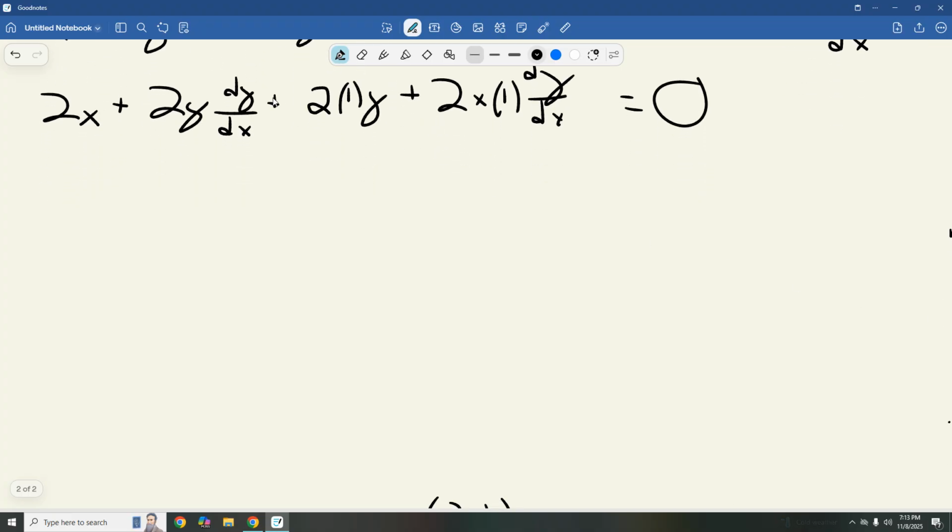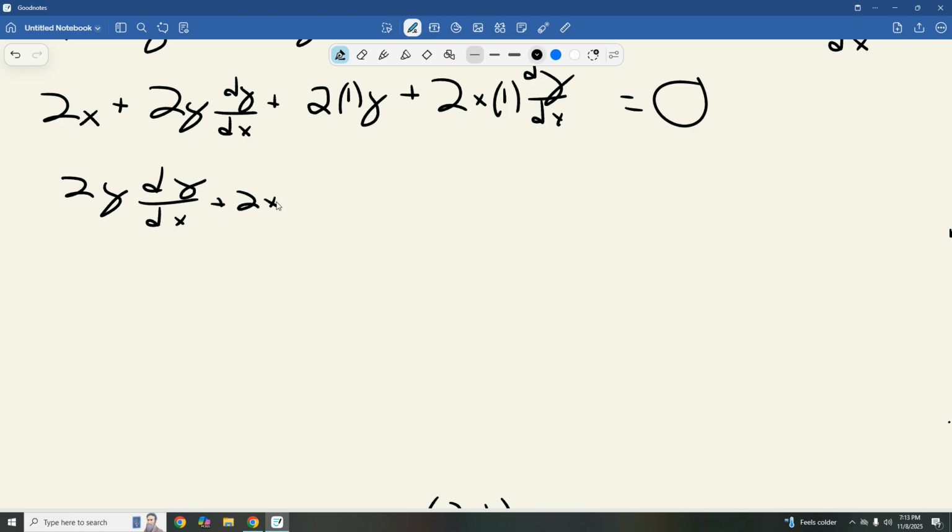Okay, so now we need to get everything with a dy over dx term on the same side, so just basically pretend in your head this is like a different constant. This can just be c, or z, or whatever you want to make it. So if we move them all to the same side, we're going to go to 2y dy over dx. They are already on the same side.